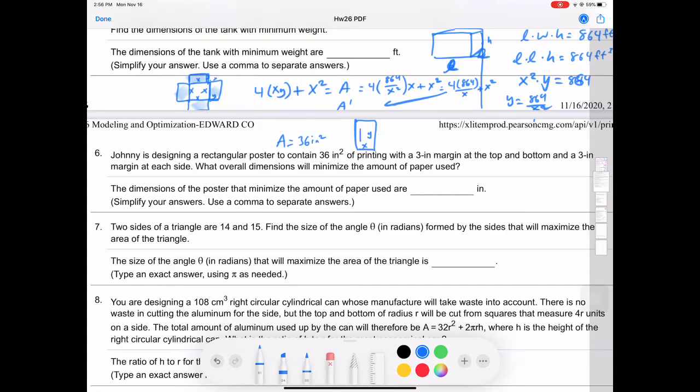So this is the inside value, right? With 3 inches on each of the sides. So we have x plus 3 on both sides, which is x plus 6, times y plus 6, because there's 3 inches on top and bottom, and that will give us our area equation here. Okay.